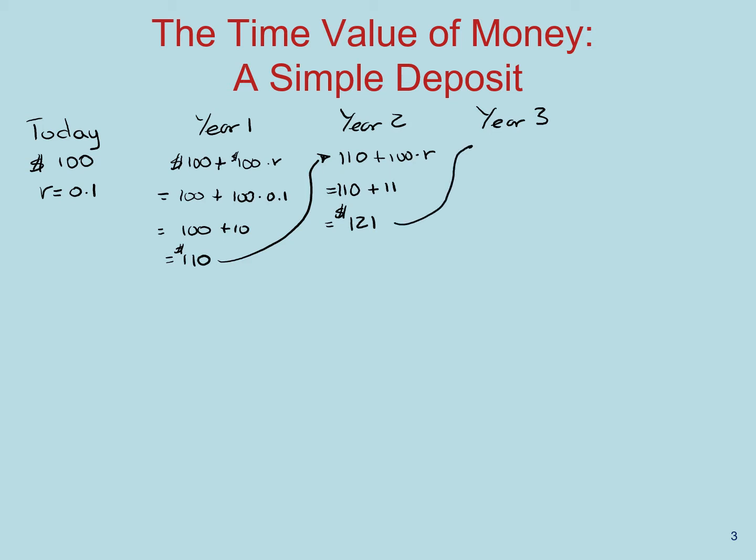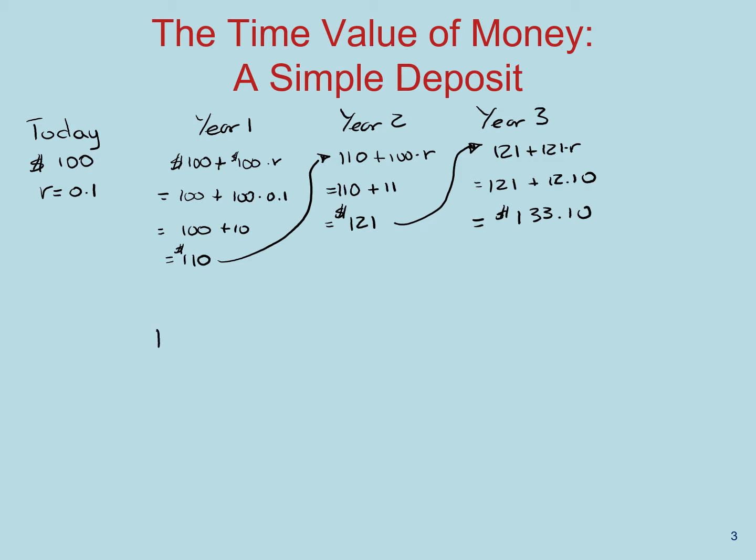Now let's think about what would happen in period 3. We'll start with 121, and you're going to be paid the interest you're owed for that year. That's equal to 121 plus $12.10, and that will be a total of $133.10. Now I hope that you see the pattern here.